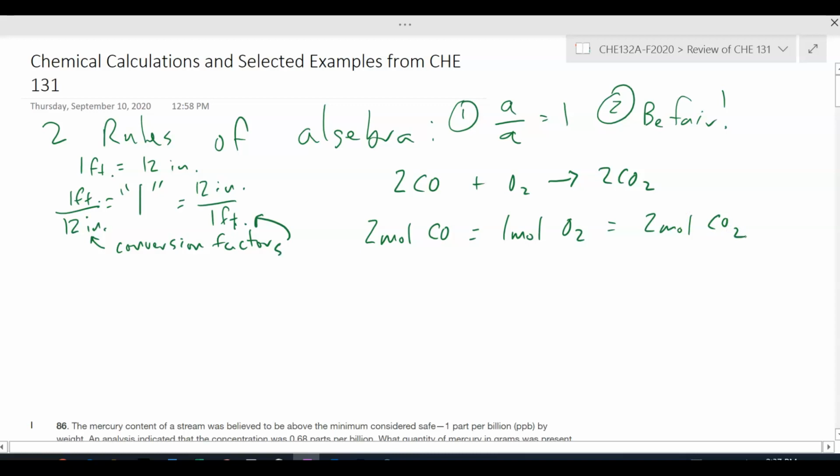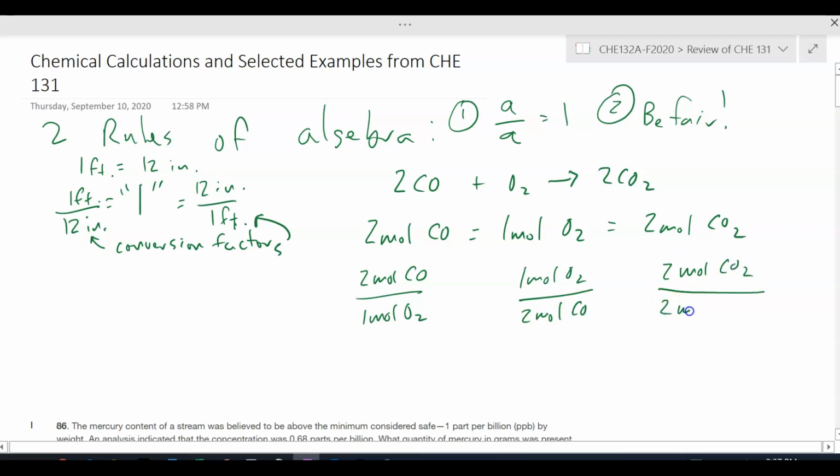And of course, that gives us a lot of conversion factors. 2 moles CO over 1 mole O2, 1 mole O2 over 2 moles CO, and 2 moles CO2 over 2 moles CO.